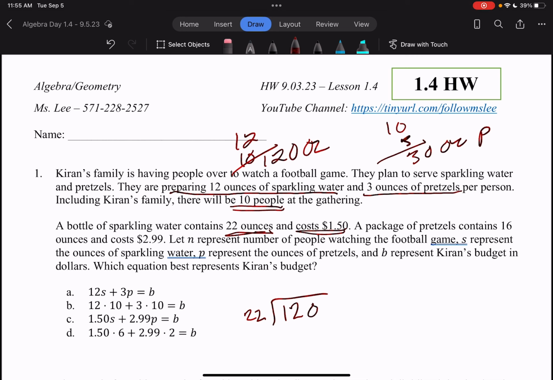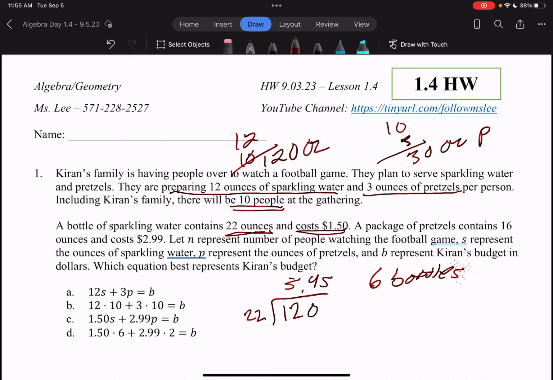That's how many ounces total we need divided by how many ounces are in each bottle. And that's going to give us 5.45 repeated, okay? So that means we're going to need more than 5 bottles, otherwise we'll be a little bit short. So we need 6 bottles.